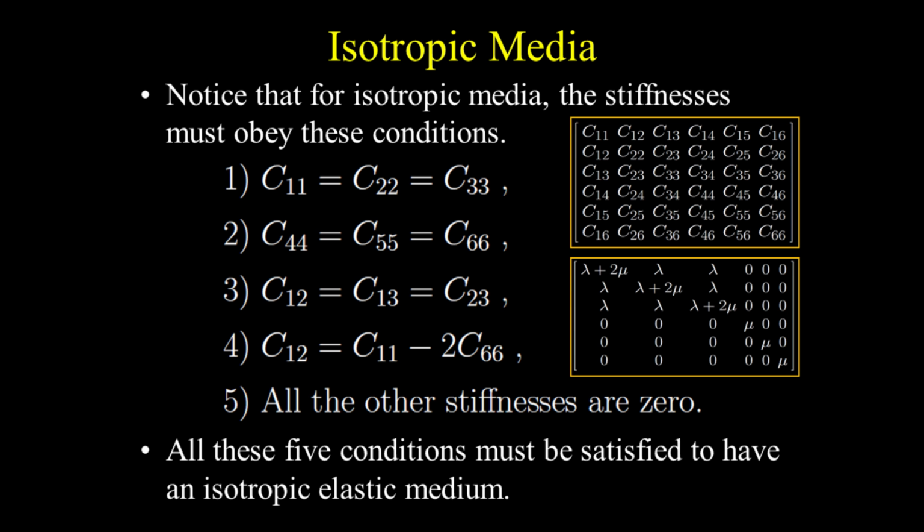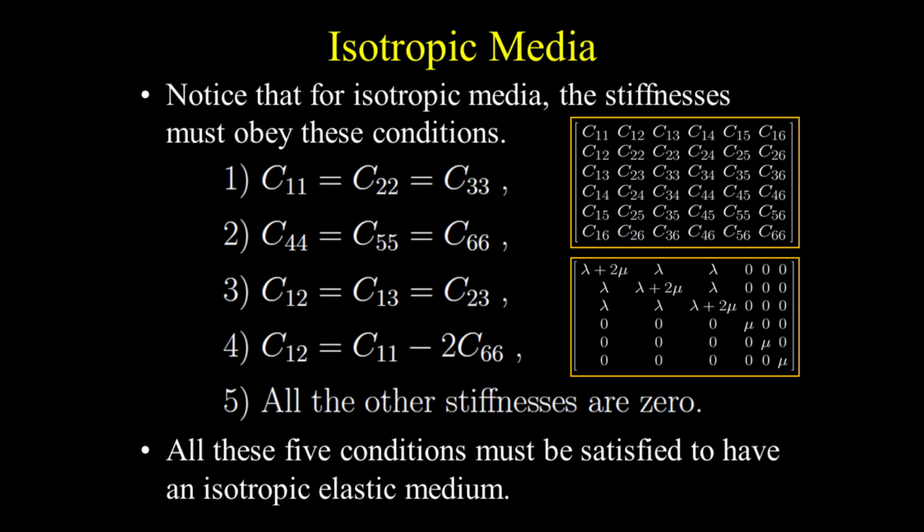Notice that for isotropic media, the stiffnesses must obey these conditions. C11 is equal to C22 equal to C33. C44 is equal to C55 equal to C66. C12 is equal to C13 equal to C23.